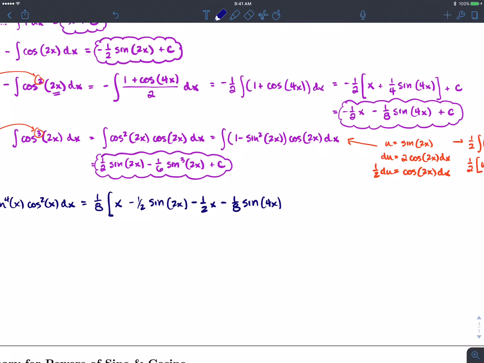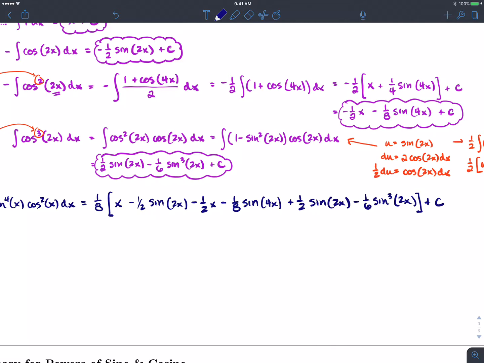And then we've got, from the last one that we just did, the plus 1/2 sine of 2x minus 1/6 sine cubed of 2x. And then on the very outside, if we combine all those arbitrary constants, we just get a new arbitrary constant.